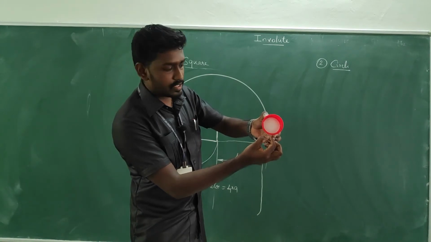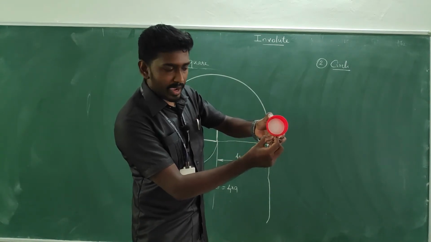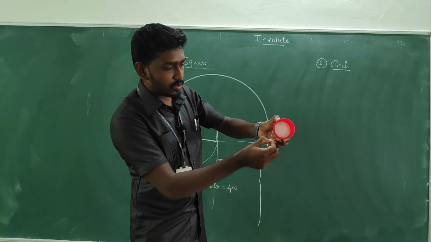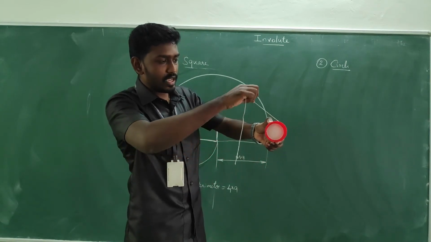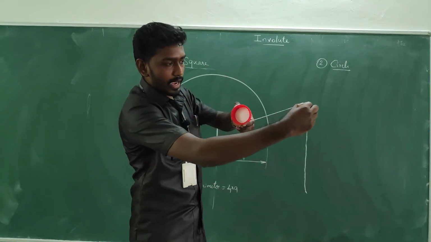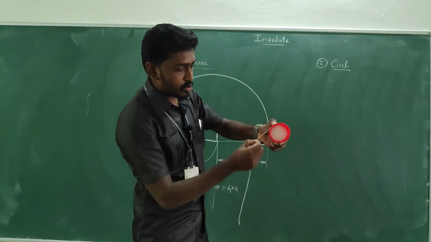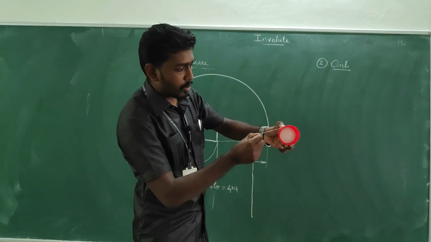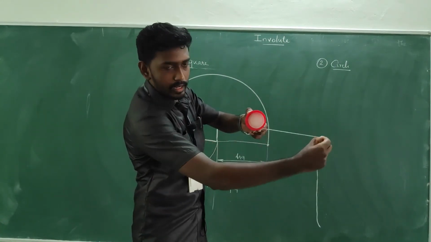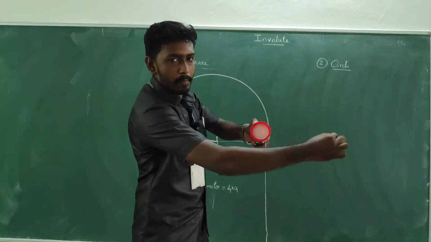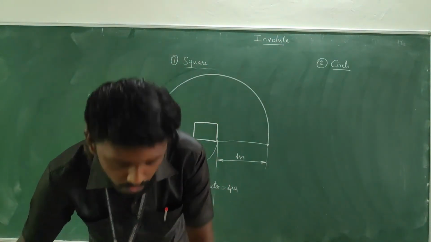It's a curve generated by the end of the string when it is unwound. So just put your side and see how the end of the string is moving. Can you imagine? I hope you are getting the exact idea, right? So this is how the curve will trace.